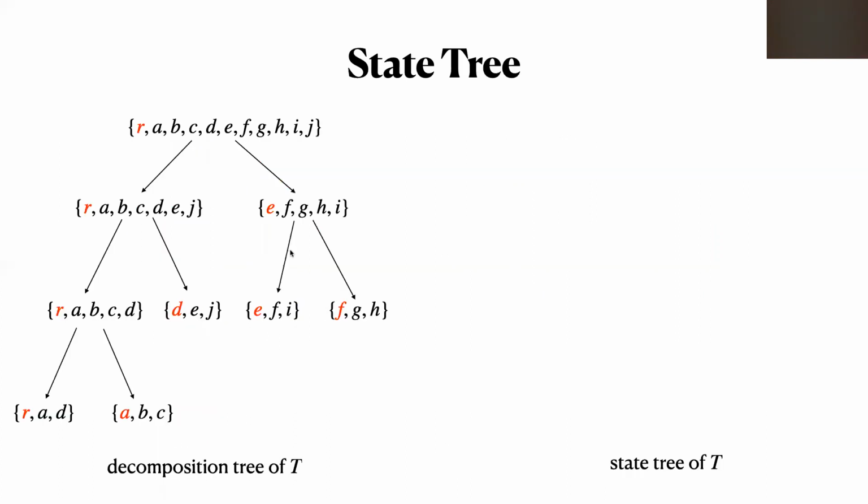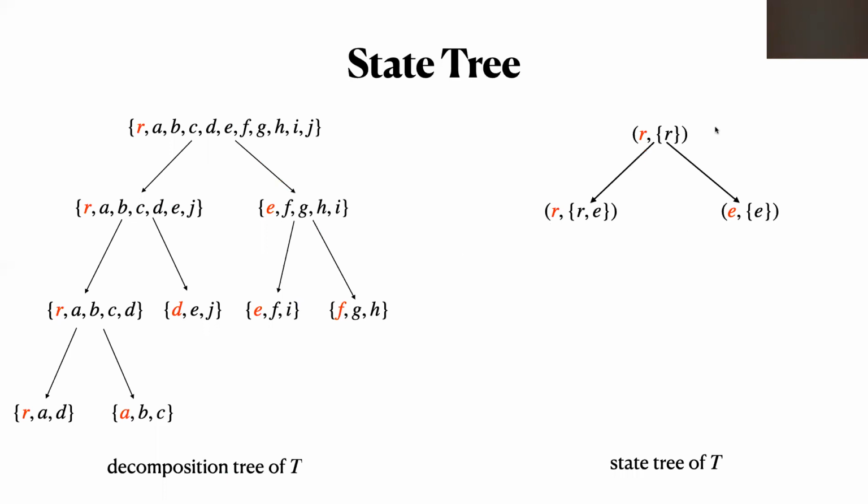Let's first see a more complete example. The one on the left is a decomposition tree we obtained previously, and we show the corresponding state tree. So initially, the subtree is the whole tree. So the root is R, and we only have one portal, which is R itself.